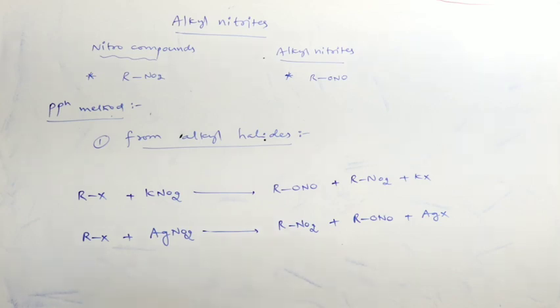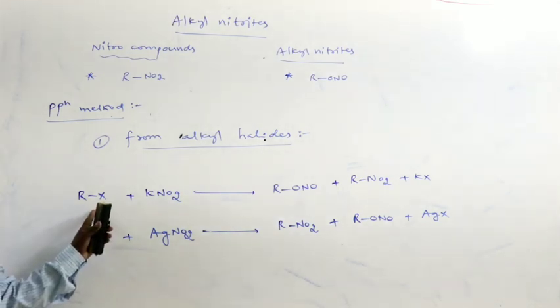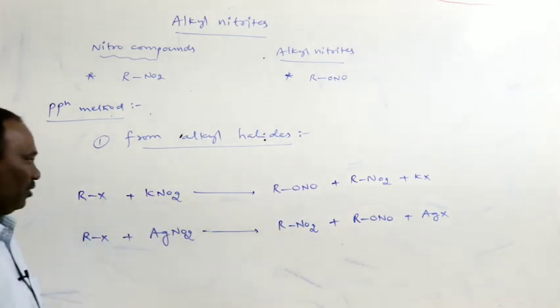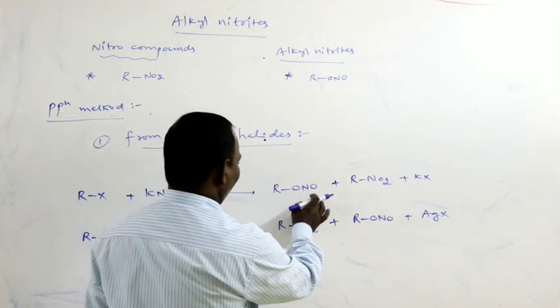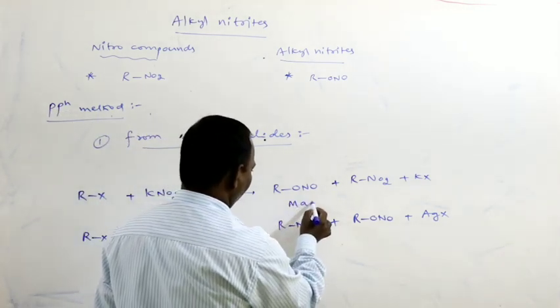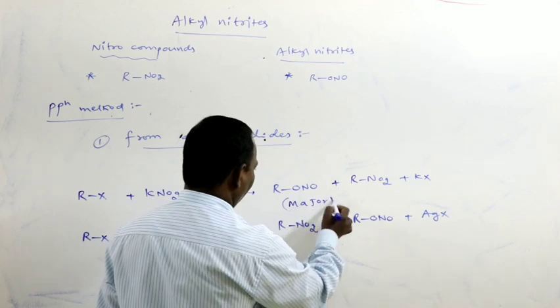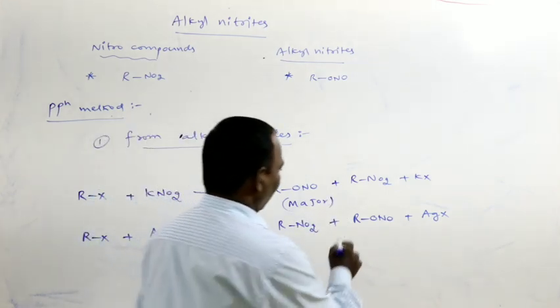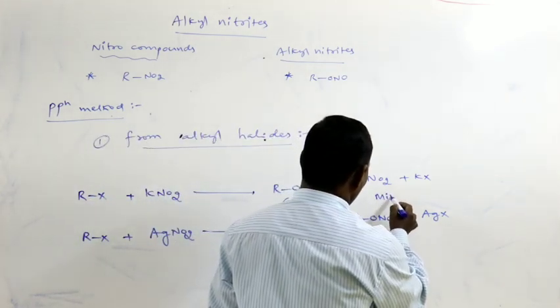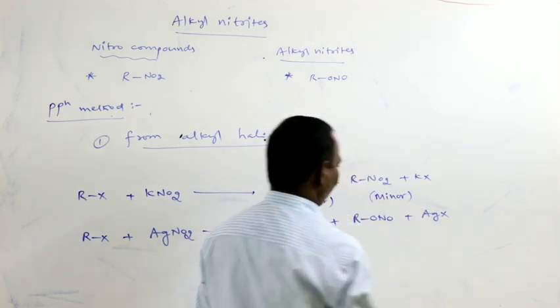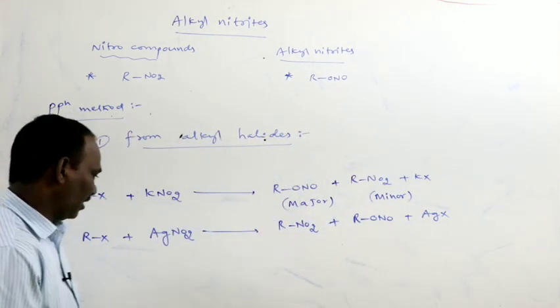Now, what is the difference between these two? If alkyl halide is treated with KNO2, alkyl nitrite is the major compound, nitroalkane is the minor compound.